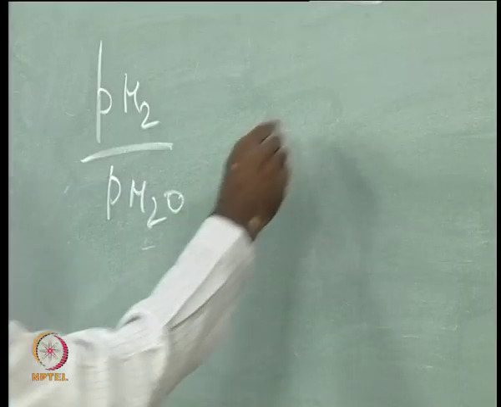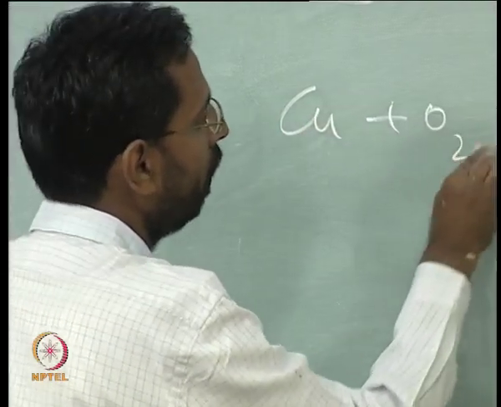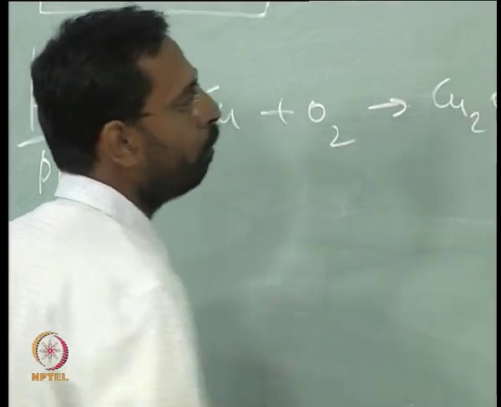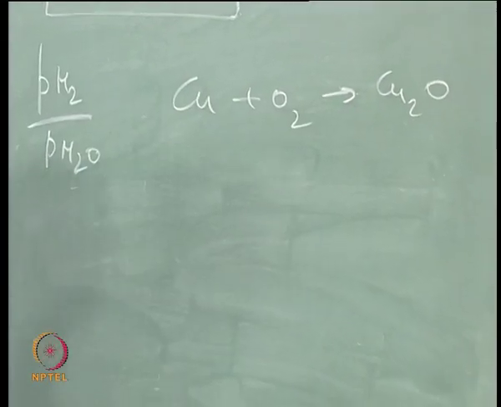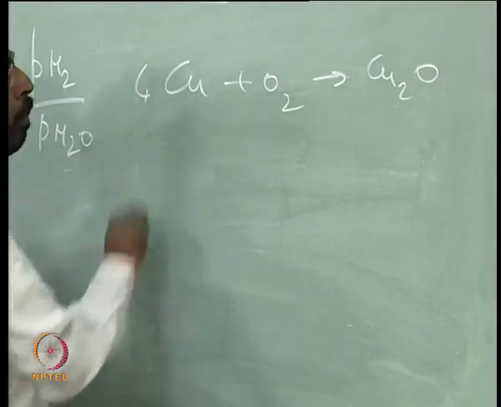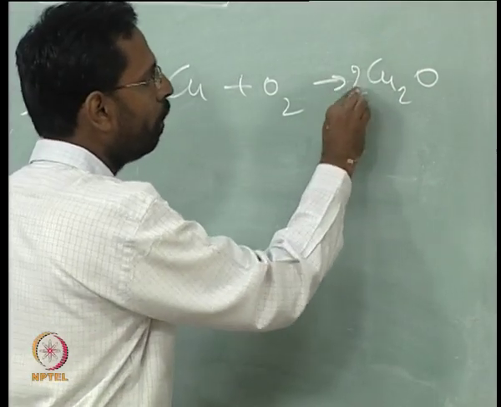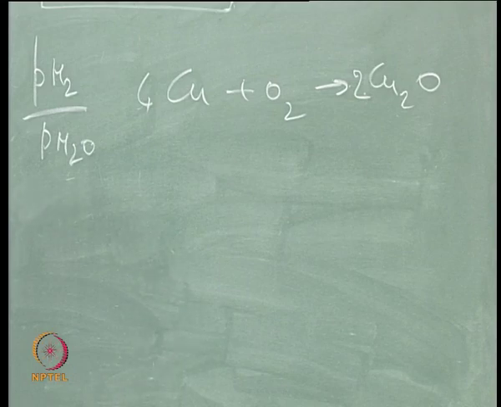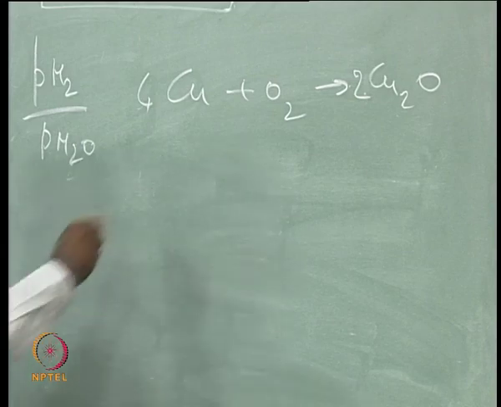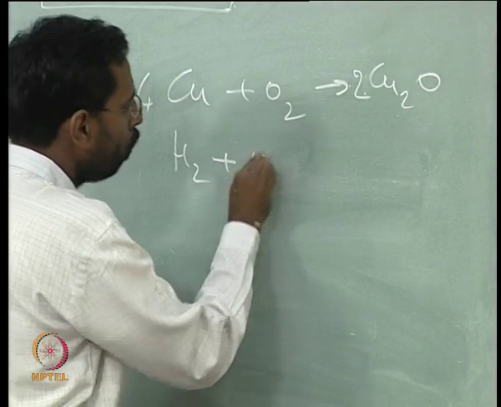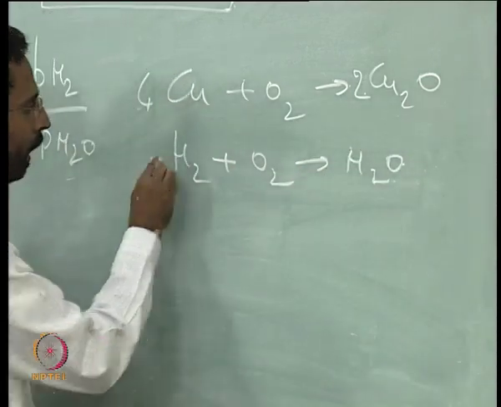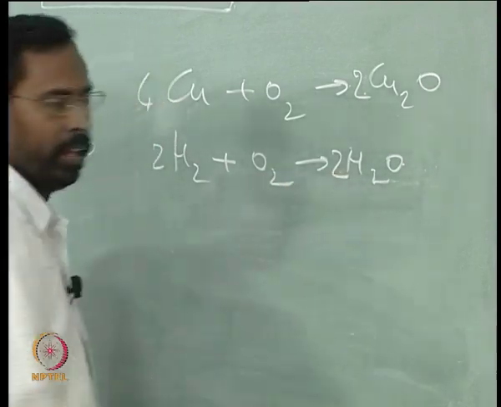To know that, first of all, look at the copper oxidation reaction. This is Cu2O. So basically 4 Cu plus O2 should give you 2 Cu2O, and the other reaction that is possible is 2 H2 plus O2 giving 2 H2O.